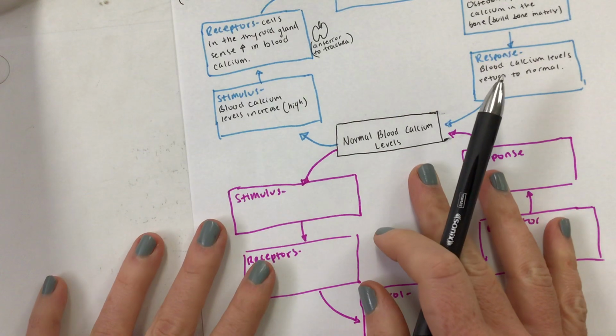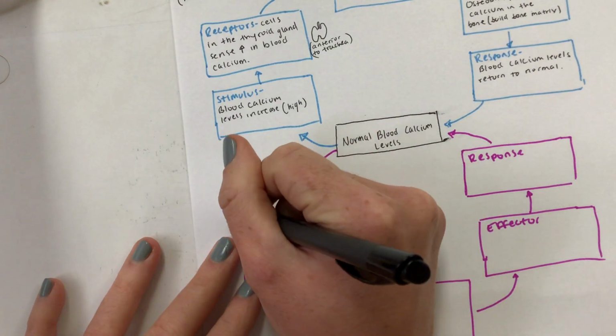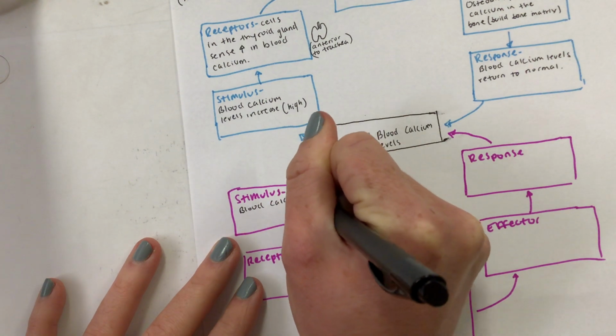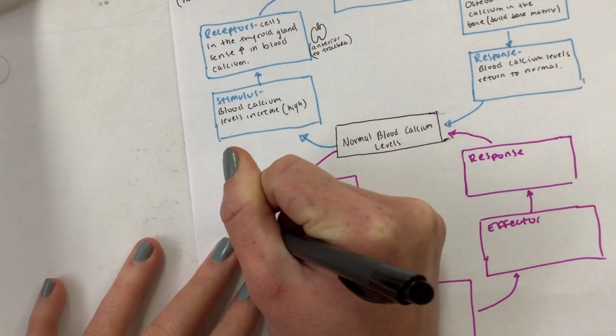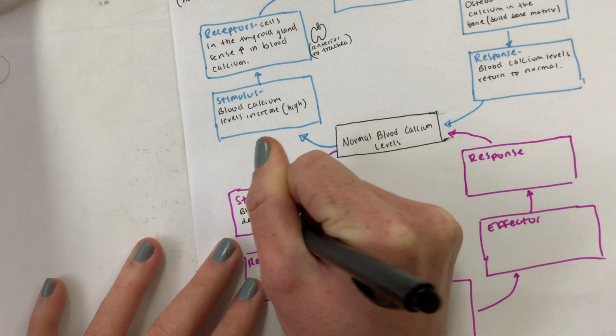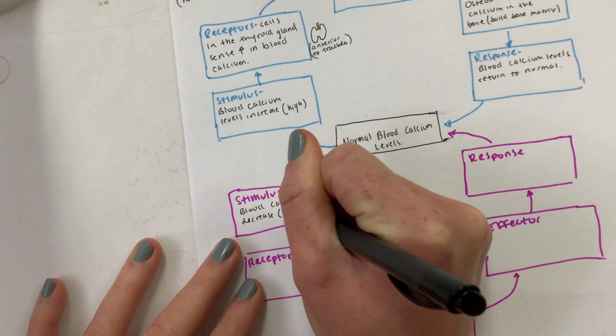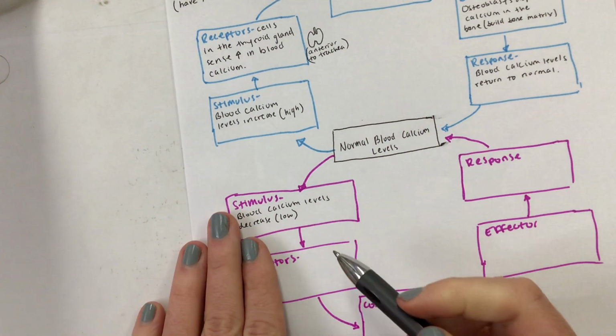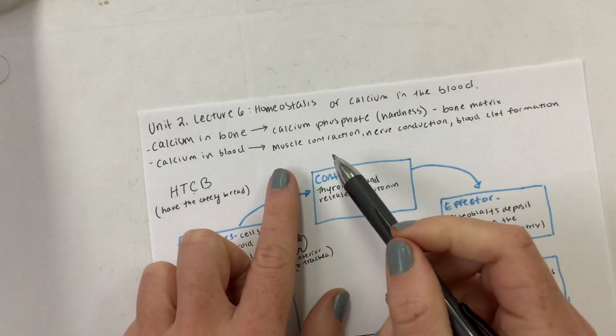Now we'll go to the other loop down here. If our blood calcium levels decrease, meaning they're low, here's the loop that would occur. Why would they be low? Well, maybe all the calcium in the blood has been used for muscle contractions.